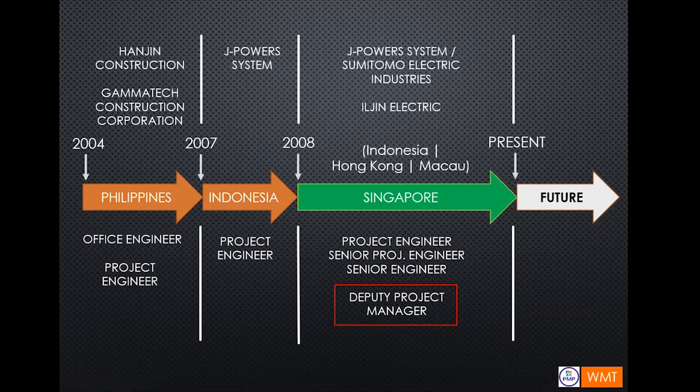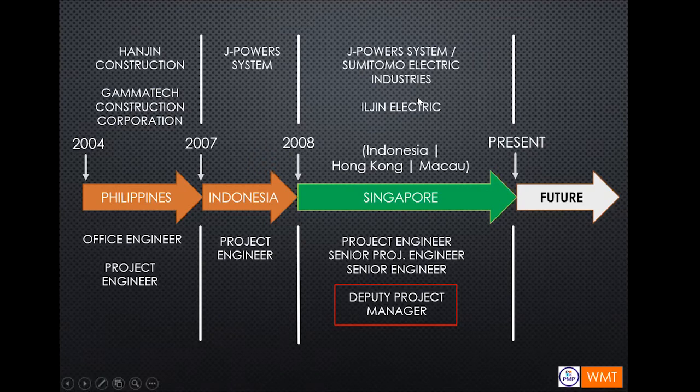I passed the board exam for civil engineering in 2004, and then worked in the Philippines up to 2007. Then I went overseas to Indonesia to work at the Japanese company, J-Power Systems. And then in 2008, I came here to Singapore.